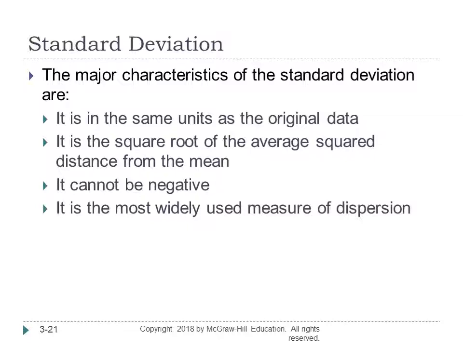You're squaring that, adding the squares of all deviations and dividing by n minus 1, so you can think of it as the square root of the average squared distance from the mean. It cannot be negative because we take the positive square root of the variance. And it is certainly the most widely used measure of dispersion.